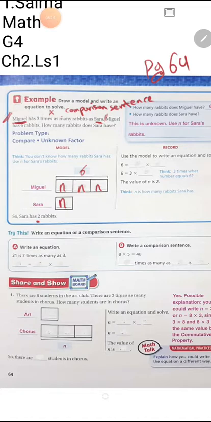The number of rabbits Sarah has, which equals n. That means 3 multiplied by n equals the number of rabbits Michael has, which is 6. So this is the equation: 6 equals 3 multiplied by n. Now which number, if I multiply it by 3, gives 6? I think the answer is also 2. So these are both ways to describe the comparison sentence, with an equation and with a model.